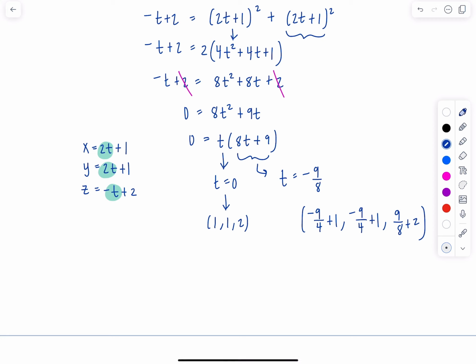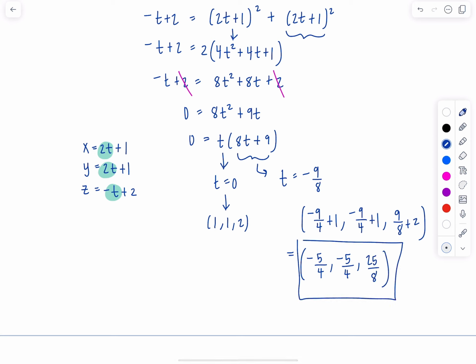Let me clean that up. 1 is 4 over 4, so this is negative 5 over 4, negative 5 over 4. 2 is 16 over 8 plus 9 over 8, this is 25 over 8. So this is the second point where that particular normal line intersects the paraboloid. And we have solved the problem. I hope that was helpful.